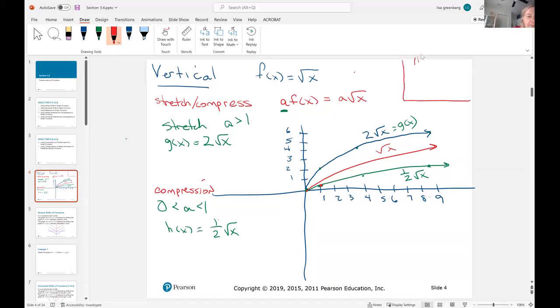So I won't graph it here, but I'll just say, if it was a horizontal stretch or compress, the function would look more like f of a times x. So it would be like the square root of ax. So now the a is under the square root because it's inside the function.